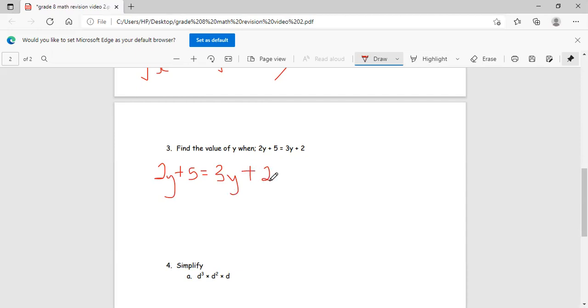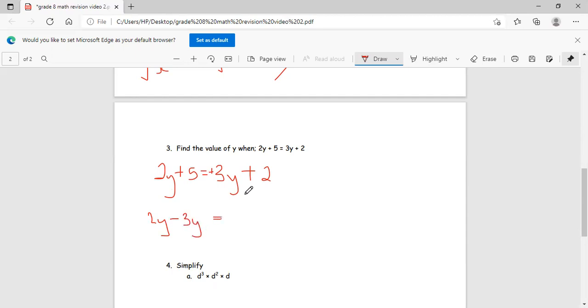Are you following? Now, I'm going to rearrange them. You call it collecting like terms. You collect the ones that have y together on one side, and you collect the ordinary numbers together on the other side. So if I'm doing that, I can say my 2y, I want to bring 3y to this side. 3y has plus here, so if I take it to the other side, it becomes minus 3y.